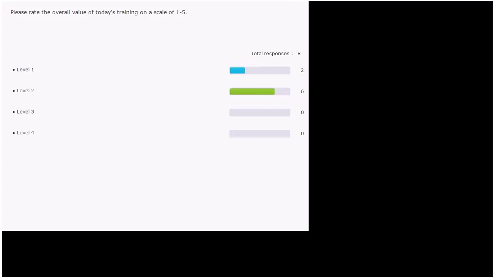The value, if you're asking about how somebody values something, is that content or opinion? Opinion. So if it's opinion, what level is it? Level 1. Please rate the overall value. I'm going to say to you, I thought this training was great. Is that content or reaction? That's reaction. It's level 1.